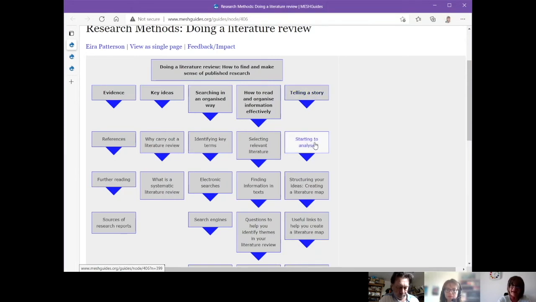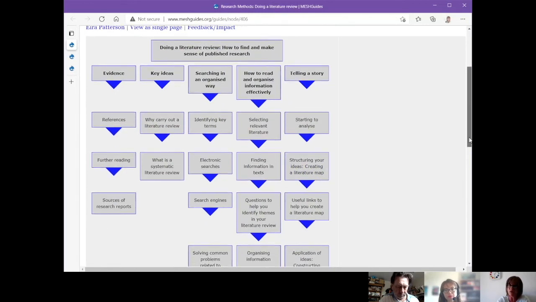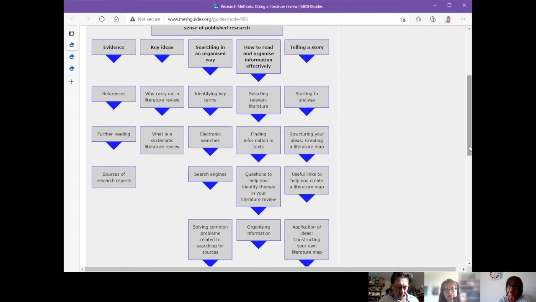So you can analyze the themes from the things that you read. You can begin to structure your ideas, and there's a suggestion here for how you can create maps to help you to do that. Once you've structured your ideas, you're telling a story that is a logical progression of ideas.